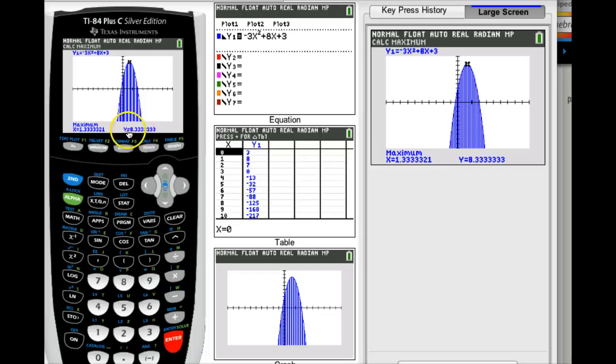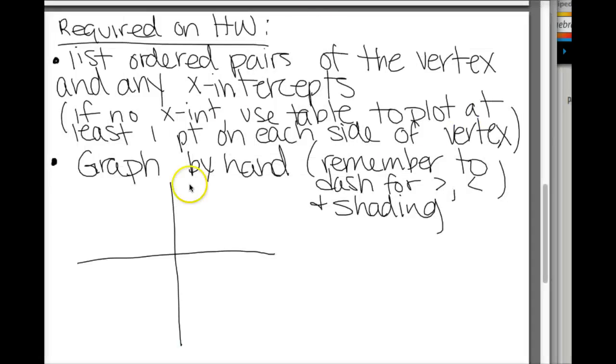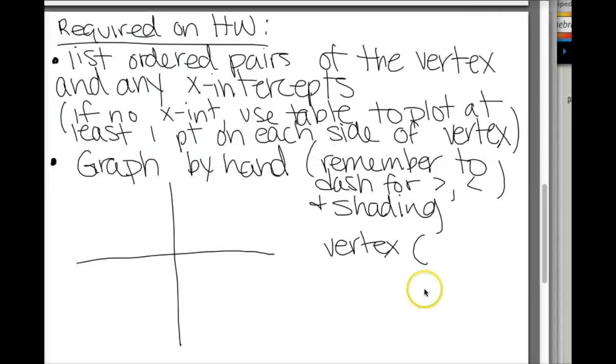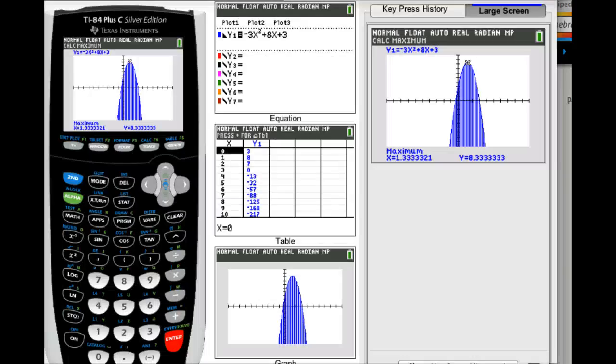And then our y coordinate there is 8.3 repeating, so it's probably 8 1/3. So you can list the fraction if you know it's a fraction. If not, that's fine. You can list the decimal equivalents because you are allowed to use your calculator. So 1.33, 8.33 is our vertex.